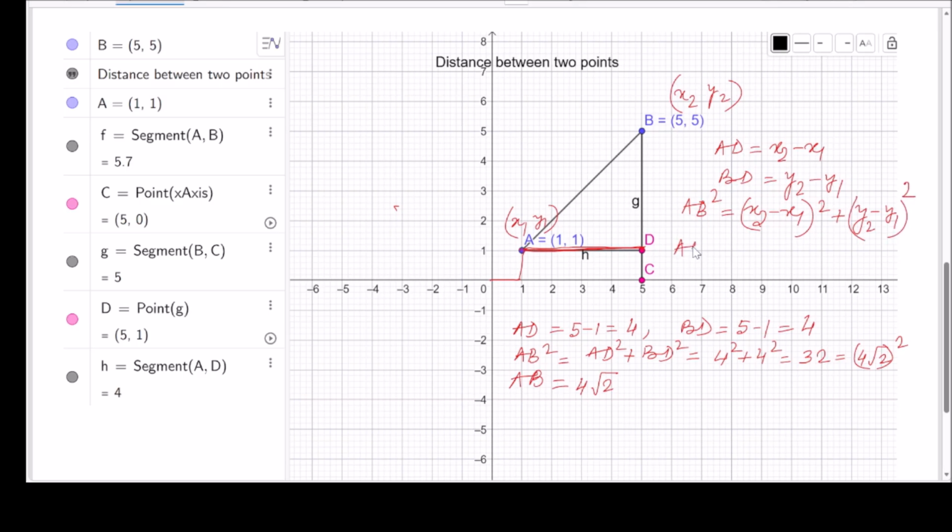So we get AB equals square root of x2 minus x1 whole square plus y2 minus y1 whole square.